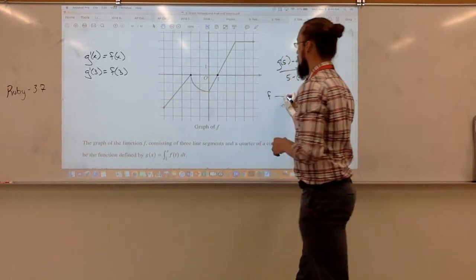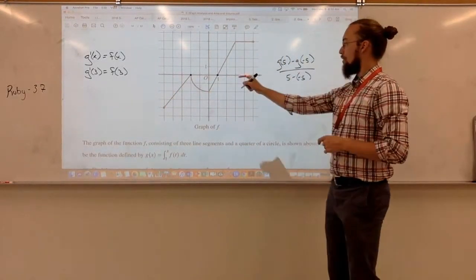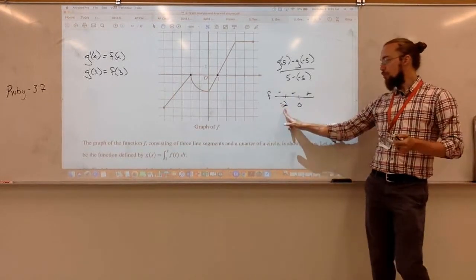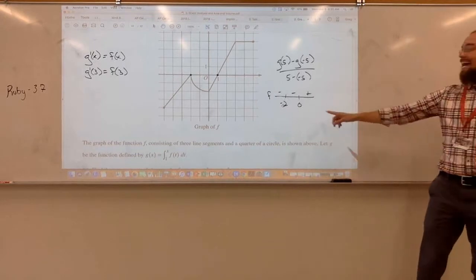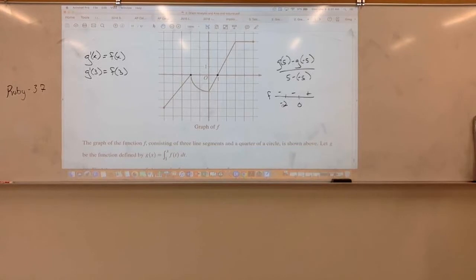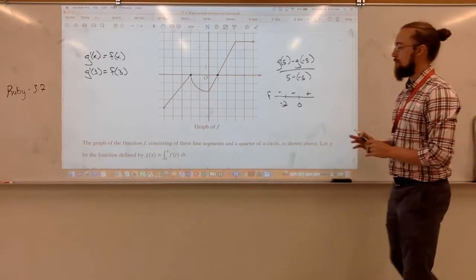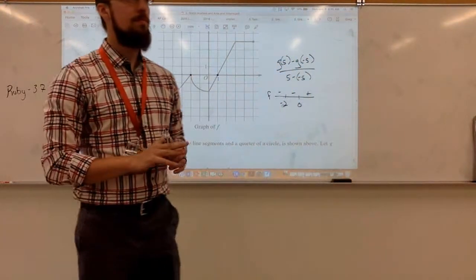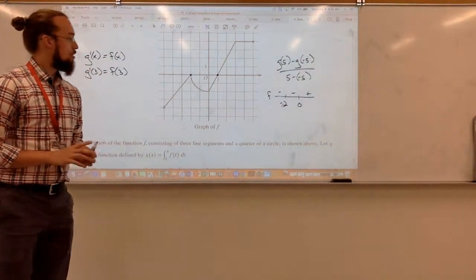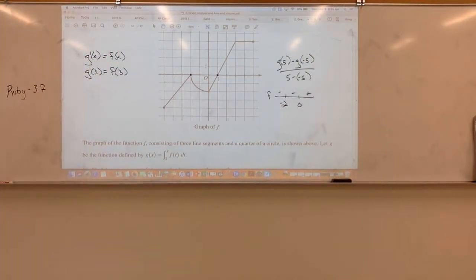At -2, we have neither a min nor a max. And then at 0, if I'm changing from decreasing to increasing, that would be a local min. Alright. We okay with that one? Any other questions?